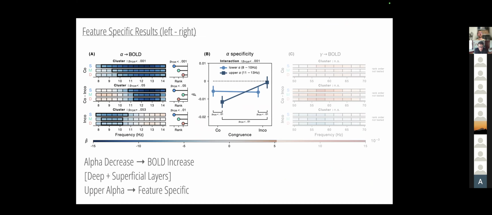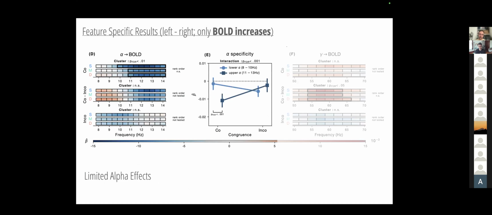On top, we are not really measuring BOLD activity per se, so we only measure the relationship between power changes and BOLD signal changes, which also helps a little bit to make this venous draining effect probably not as important.